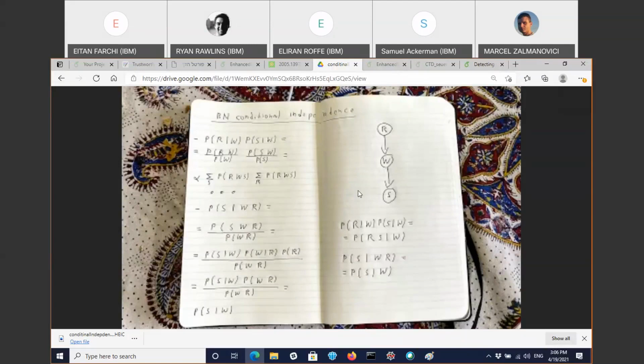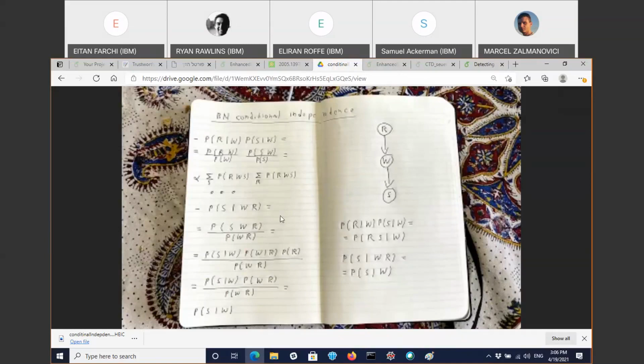The reason I'm doing this is that there are some techniques that automatically build the structure of the graph, and they use conditional independence to do that. That's the reason I want to go over these observations of how you read conditional independence from a Bayesian network graph.